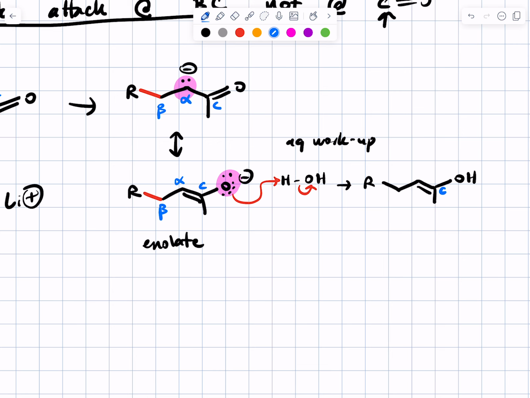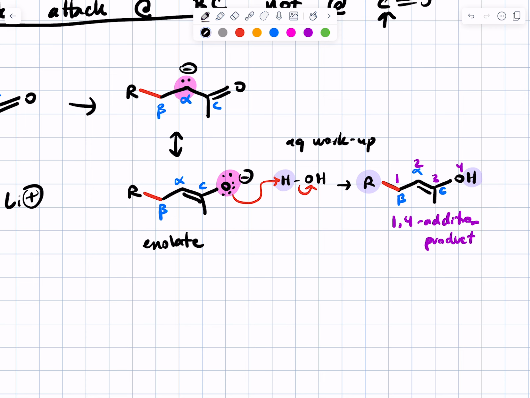Just label things: carbonyl carbon, alpha carbon, beta carbon, and in red was our new bond. In this product that was protonated on the oxygen, the two things that got added, the R group from the cuprate and the proton from water, are 4 atoms apart. And so we call that a 1,4 addition product.